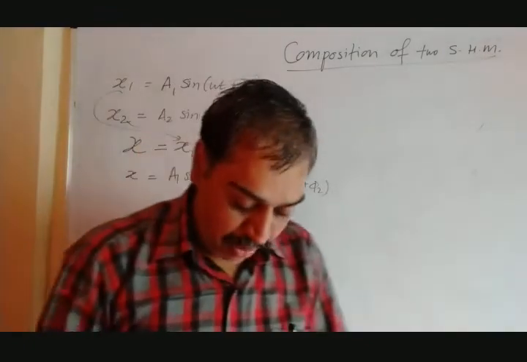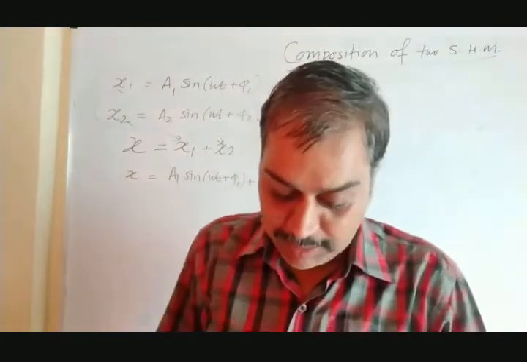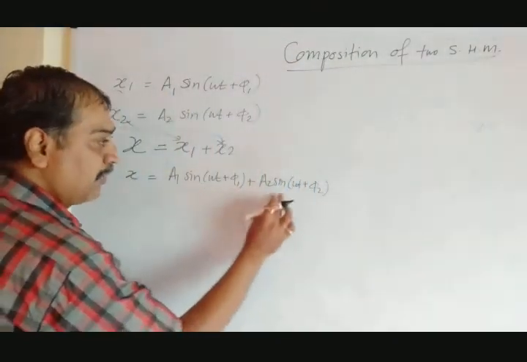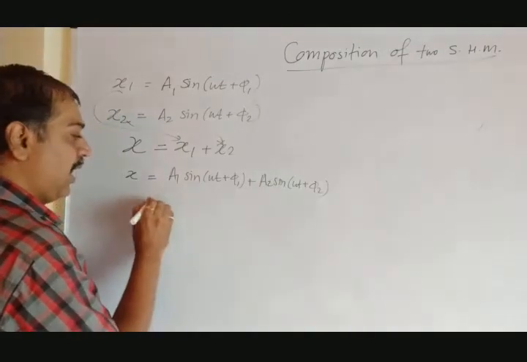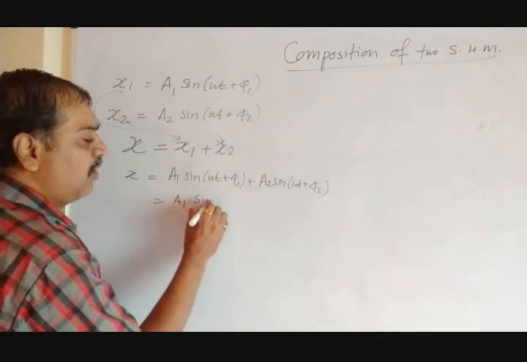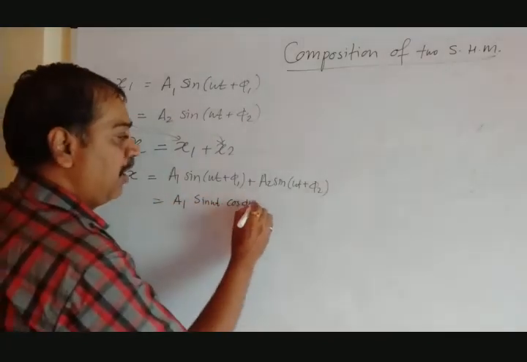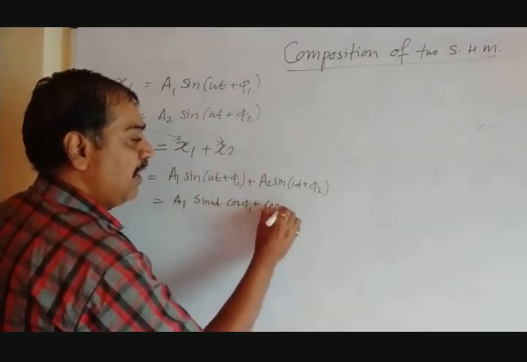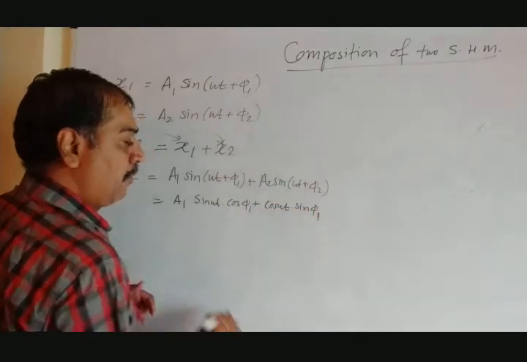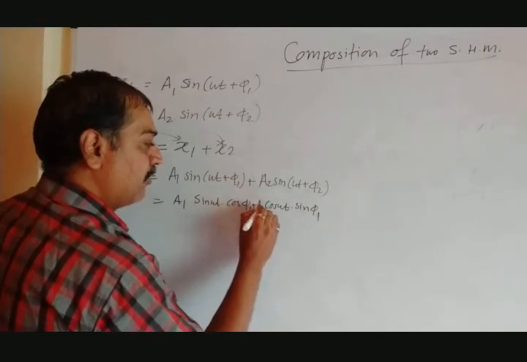Now, all of you might know the trigonometric formula sin of a plus b, which is sin a cos b plus cos a sin b. That formula we have to use. Write it down for this. You can write this as a1 times sine of omega t into cos of phi 1, plus cos of omega t into sine of phi 1, since a1 is multiplied, you must take a1 also.